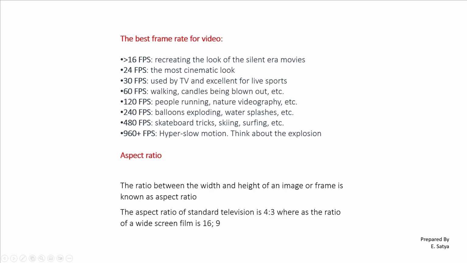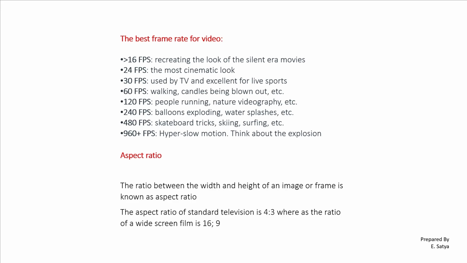480 FPS is for skateboard tricks, skiing and surfing, more energetic and super speed actions to record. Then 960 plus FPS, hyper slow motion.